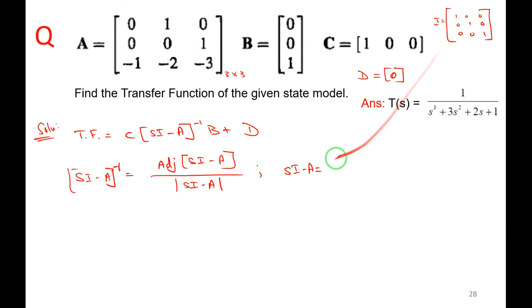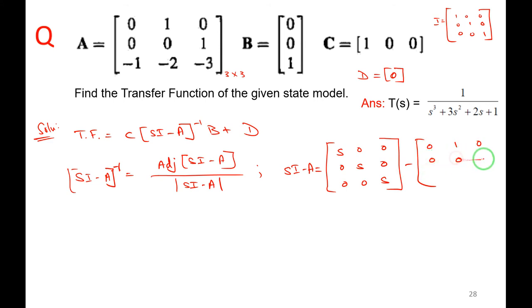So multiply s for it: s, 0, 0, 0, s, 0, 0, 0, s. Is it fine? sI minus A. What is matrix A? We will write it: 0, 1, 0, 0, 0, 1, minus 1, minus 2, minus 3.